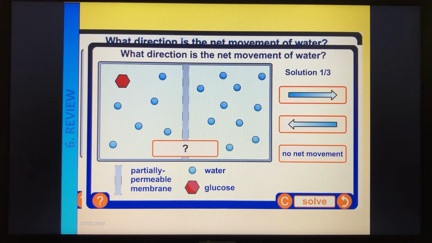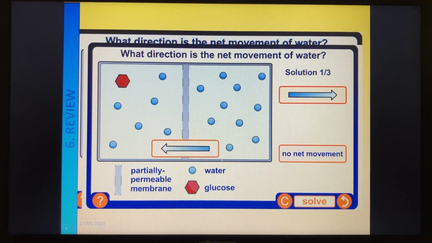So where have we got the high concentration of water compared to the lower concentration, and which way will the water go? So I've got some sugar over here. So this is a low concentration of sugar, this is pure water. So I've got a higher concentration of water here compared to here, so I'm going to go with that one.